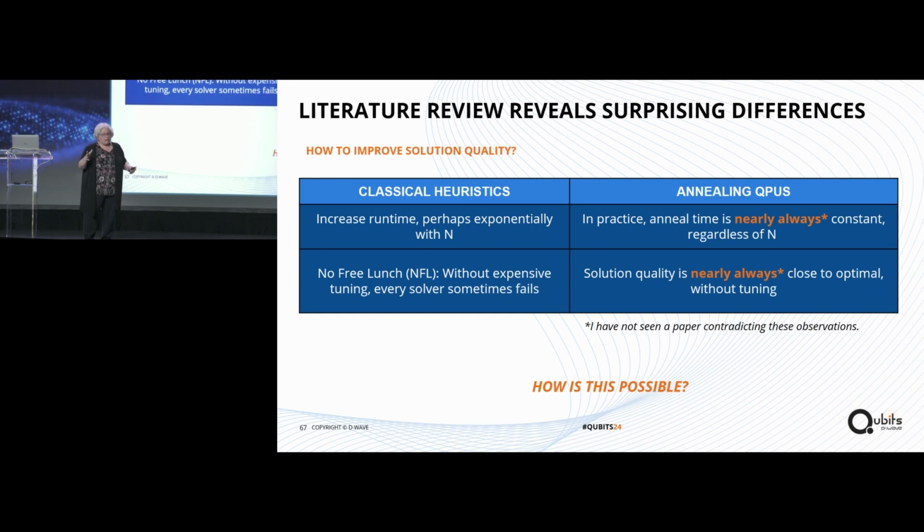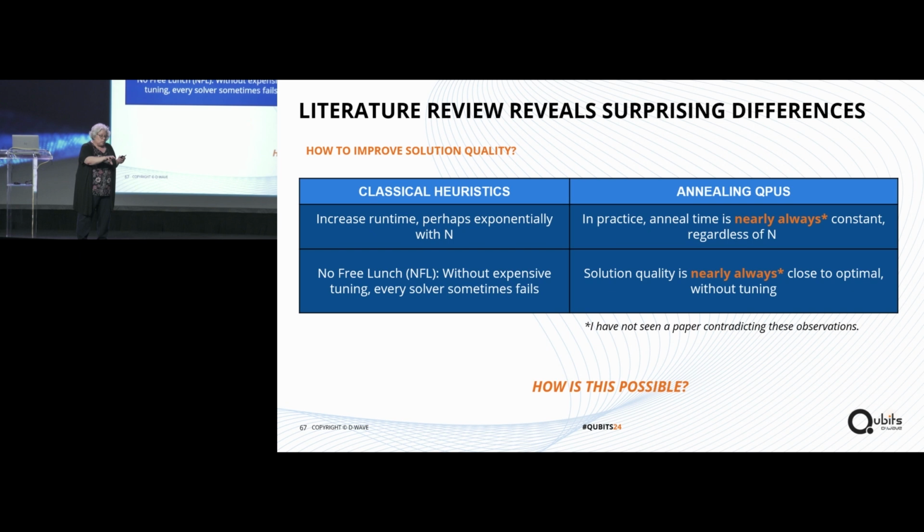But with annealing, in all of the literature I read, no one ever increased anneal time to account for larger n. It's always in these studies, and I say nearly always, I've never seen an exception. Anneal time is set to some convenient constant value that doesn't have anything to do with problem size.